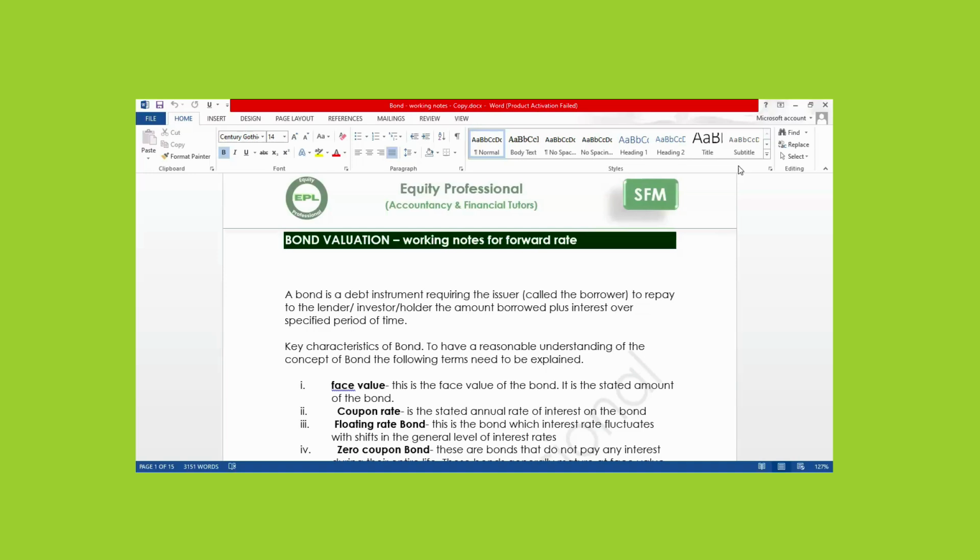Valuation of bonds. Bond valuation and analysis. This topic is price of shares.